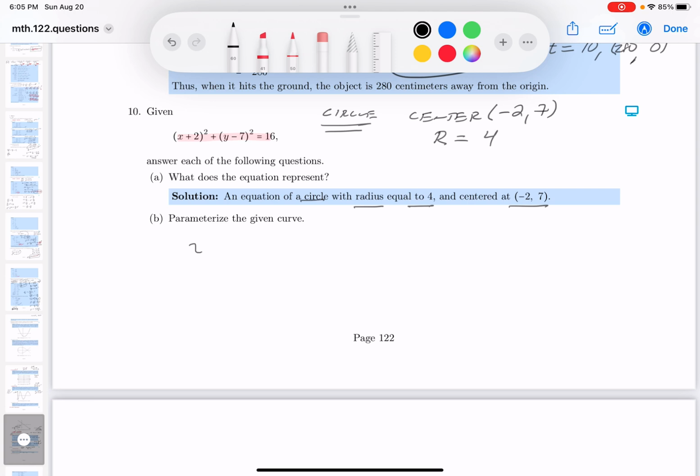So I'm going to say x plus 2 is equal to sine of theta. Let's use t. All right, and let's write down y minus 7 equals the cosine of t.